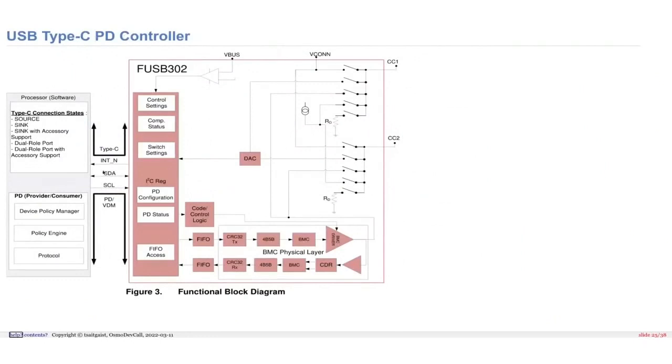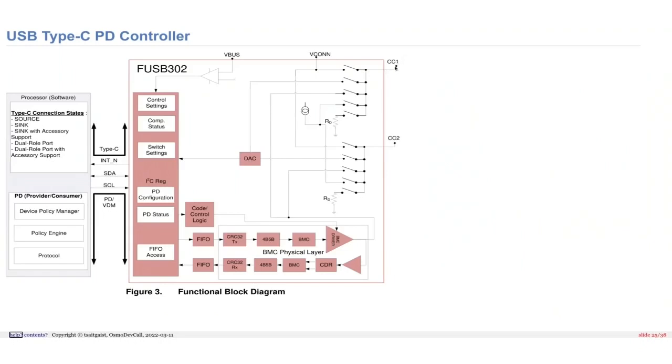And this is the functional diagram of one of them. FUSB302 is a popular one. There are plenty of other ones which do it. And they are here to assist you with USB-C. We've seen they don't have a lot of connections. They have the connection to the microcontroller, and they manage all the things you want to do with the CC lines.